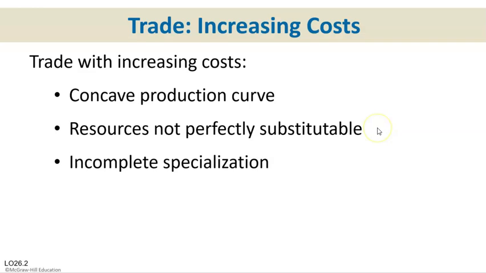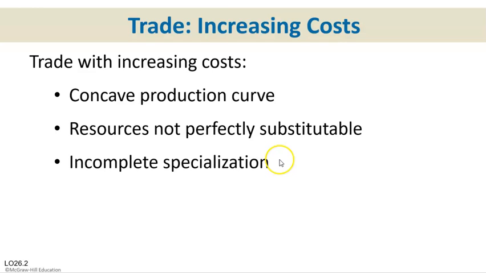Because of that, what would happen when two countries trade is we wouldn't have complete specialization. So remember in our Mexico-US example, we said the US is only going to produce beef and no vegetables at all, or Mexico's only going to produce vegetables and no beef at all. Instead of that happening, we'll have incomplete specialization.